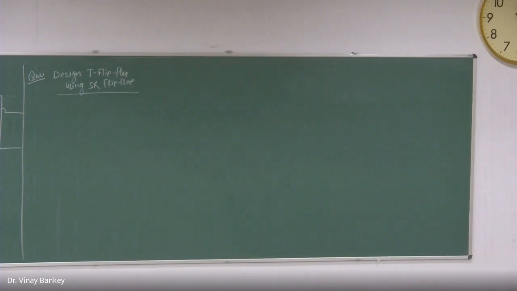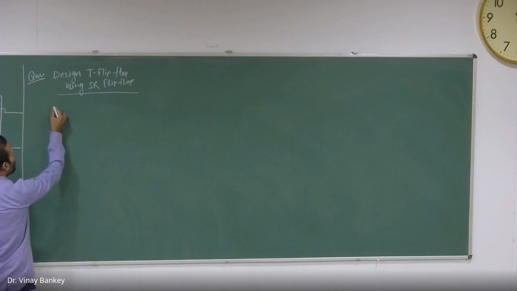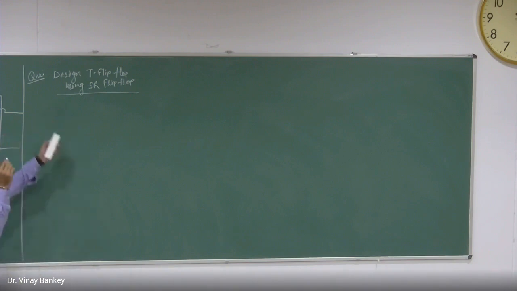Okay, so how will we go for the solution for this question? The first step is which one is required and which one is available. So I will directly write the characteristic table for the required one, which is the T flip-flop, isn't it? Here, the question statement is very easy.